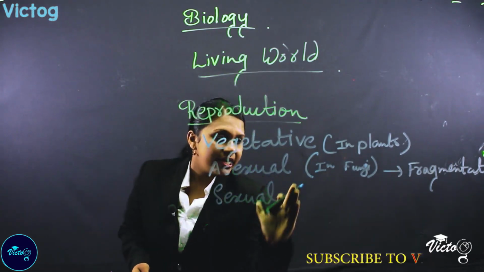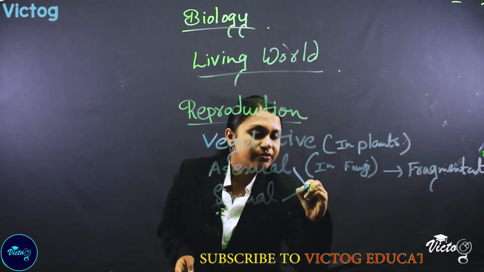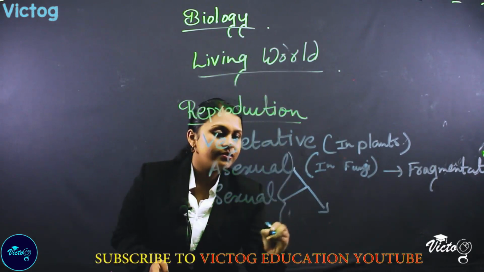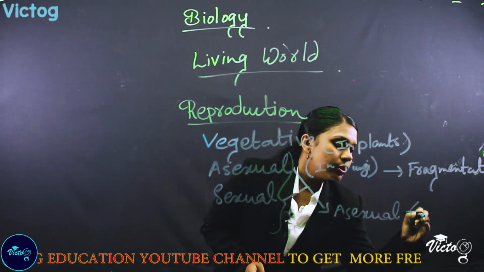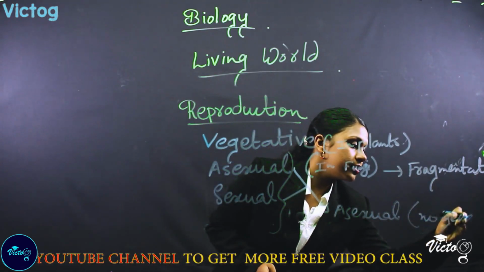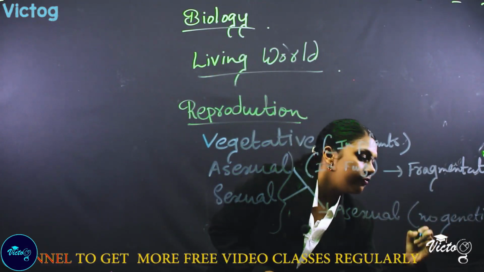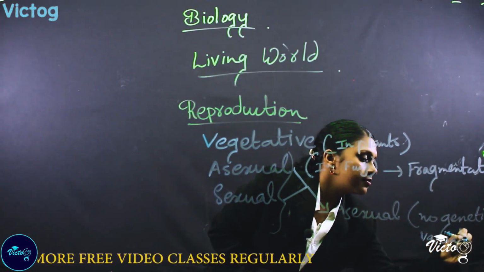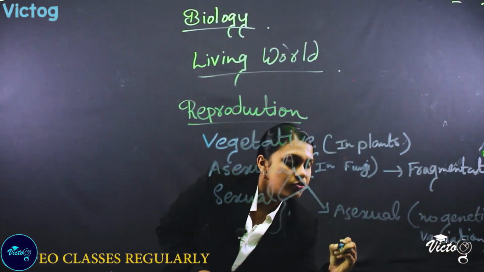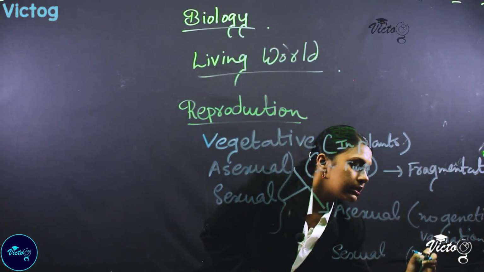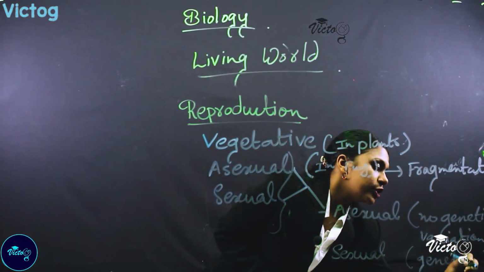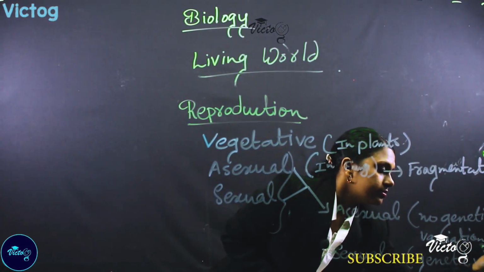And remember a very distinguishing feature of asexual and sexual reproduction. In asexual reproduction, what happens? No genetic variation occurs. But in case of sexual reproduction, there is genetic variation.